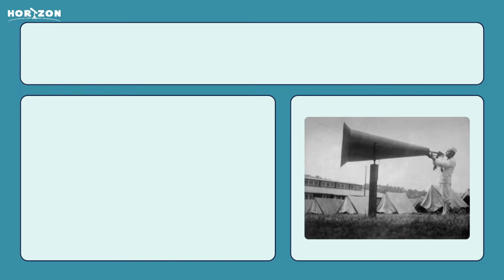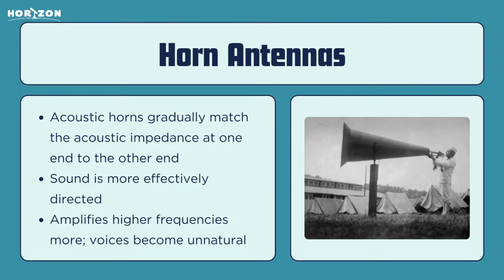Acoustic impedance is just a measure of how easily the sound can travel through a medium, similar to electric impedance. The gradually widening flare matches the impedance of the bugle to the acoustic impedance of the air, and all the sound is more efficiently directed towards a particular direction.